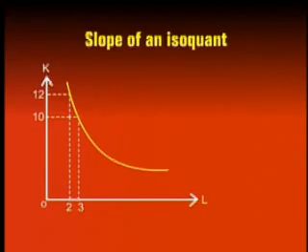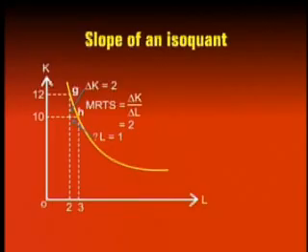Thus, in the figure here, the MRTS between points G and H is 2. That is, delta K over delta L is equal to 2 over 1. But this is merely the slope of the line joining points G and H, ignoring the negative sign, of course.